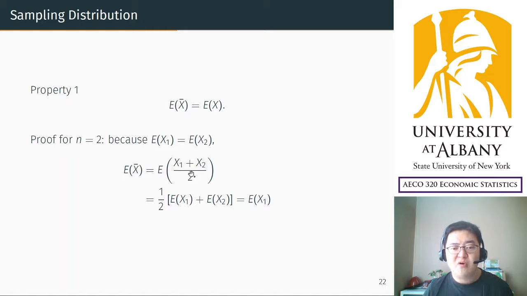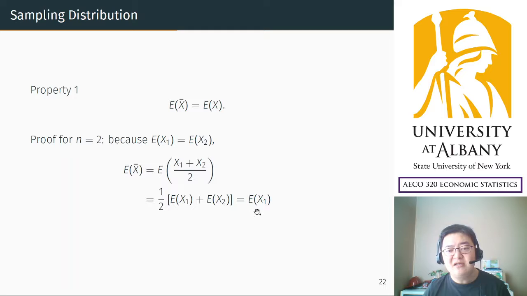Then 1 over 2 goes out of the expectation, and you can split the expectation for x1 and x2 in this form. It's half of the x1 expectation plus the x2 expectation, which happen to be the same, so it cancels out. So in the end, it's just one expectation.